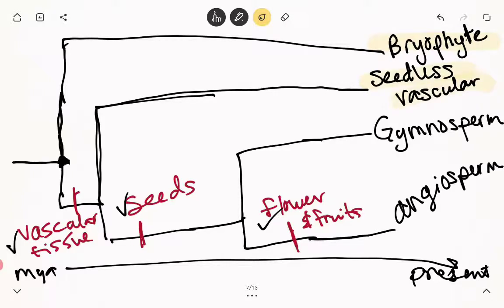So these reproduce using spores, but they don't have seeds, but they do have vascular tissue. That's xylem and phloem. Then the gymnosperms, which have vascular tissue and seeds, but they do not have flowers and fruits. And then lastly are the angiosperms, the flowering plants, which have flowers and fruits, which means they also have seeds and they also have vascular tissue. So that's how we break up the general four groups of plants.